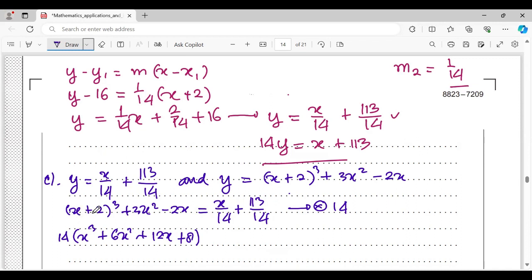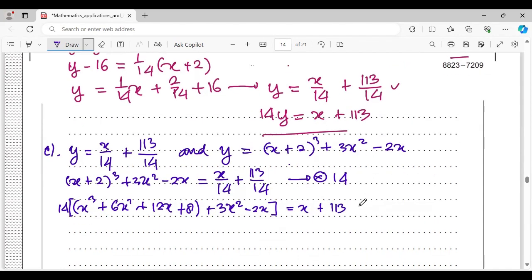And so the expansion of this x plus 2 cubed term is this one, plus 3x squared, times 14, minus 2x, minus x, plus 113.